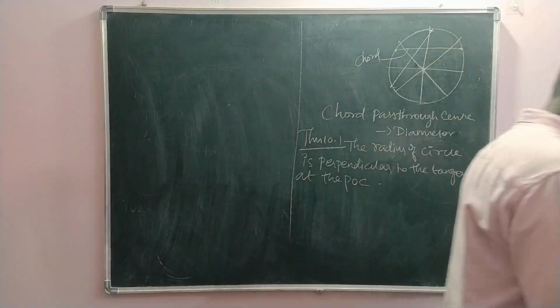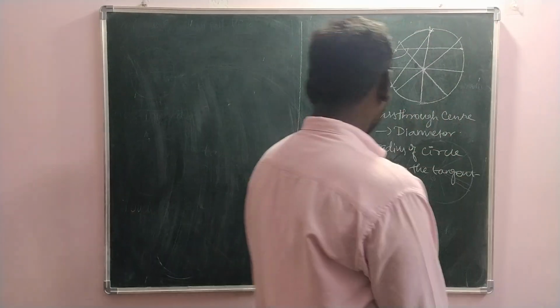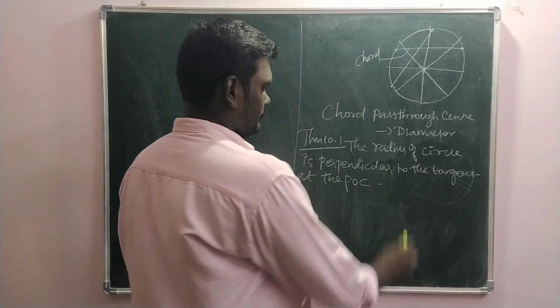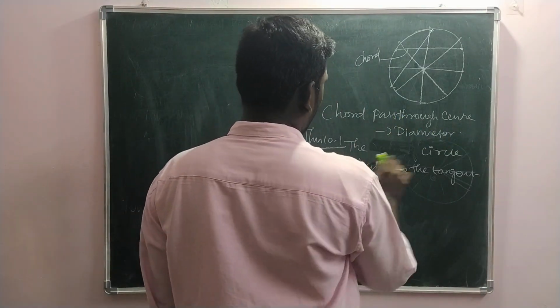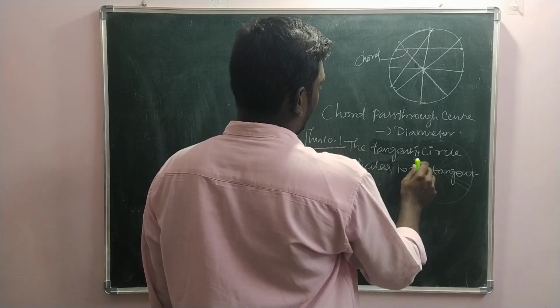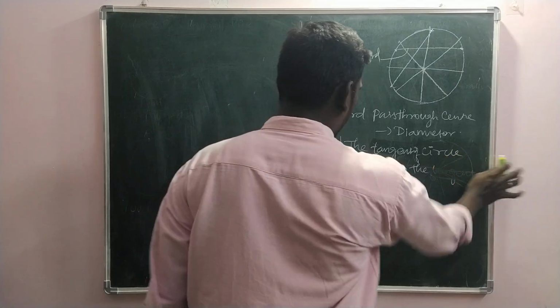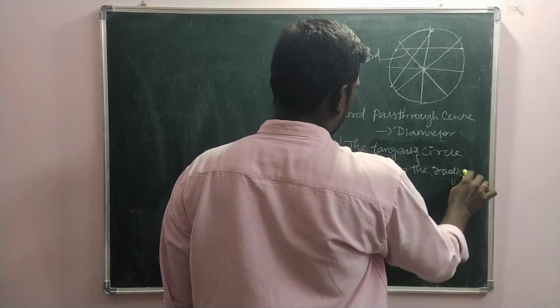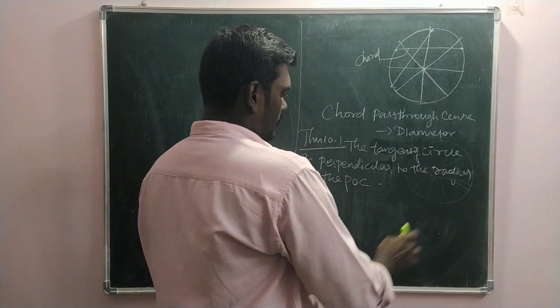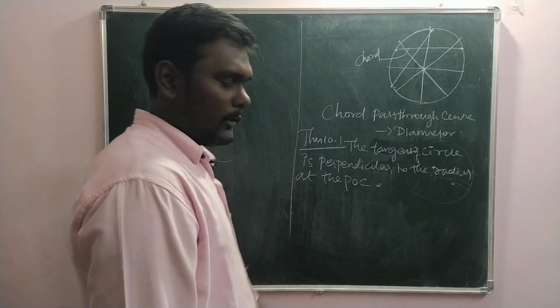The exact statement is: the tangent at any point of a circle is perpendicular to the radius through the point of contact. So I wrote the opposite. The tangent of a circle is perpendicular to the radius at the point of contact. POC means point of contact.